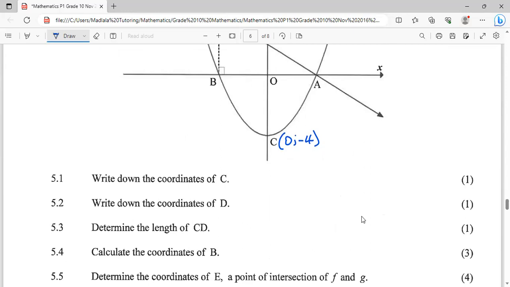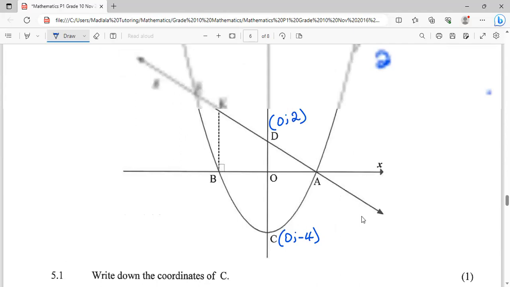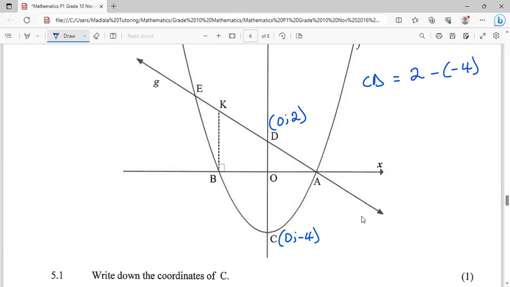They say determine the length of CD. So one thing we know about CD is that it's a vertical length. So every time you must find a vertical distance, you only consider the y values. So you say the bigger y value minus the smaller y value, like that.